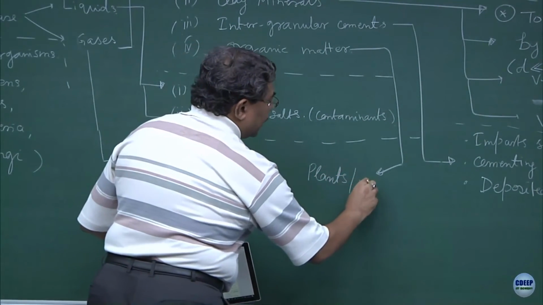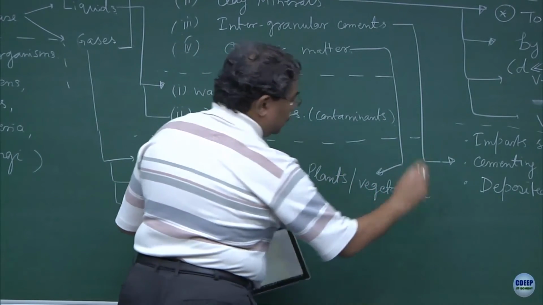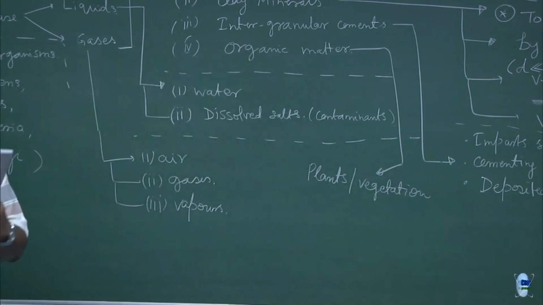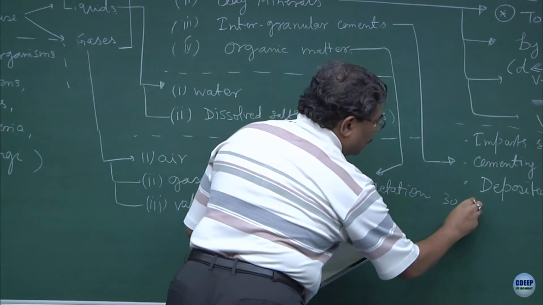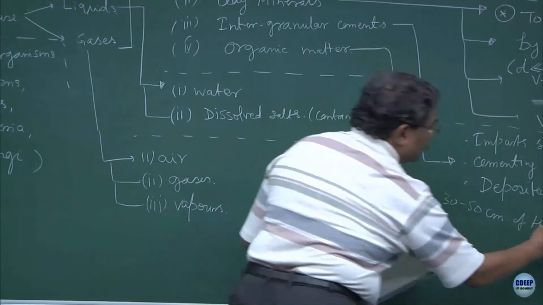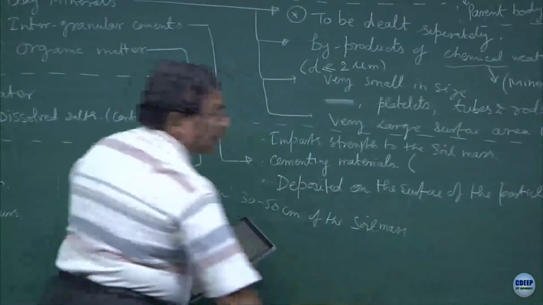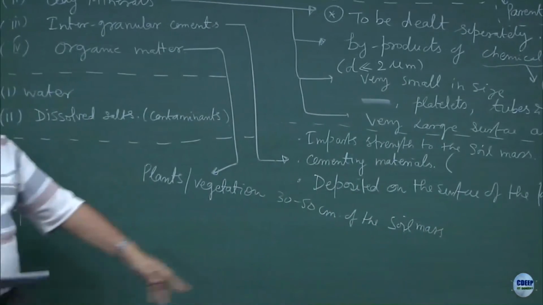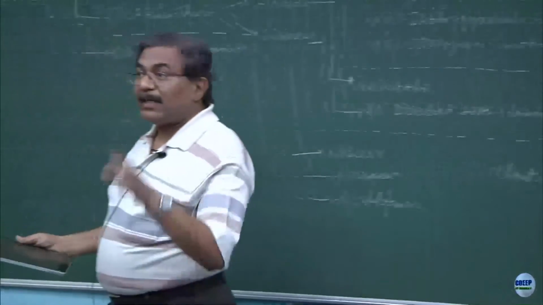Decomposition of plants and vegetation, normally in the top 30 to 50 centimeters of the soils. Alright. So, this becomes a zone of interest for very few guys. For civil engineers, this is not a very good zone to lay their foundations.